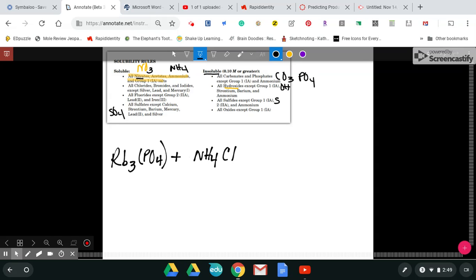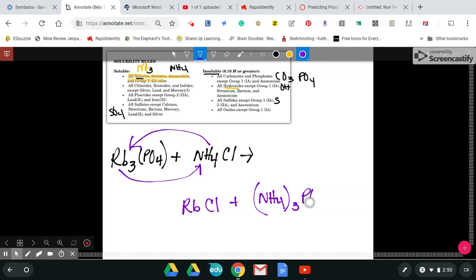All right. So when I predict these, this is going to go here. This is going to go here. So I'm going to do mine down here. So I'm going to get rubidium chloride, and I'm going to get ammonium phosphate.